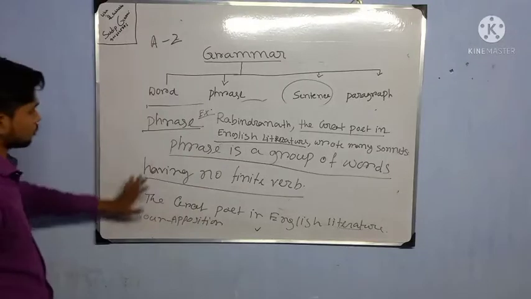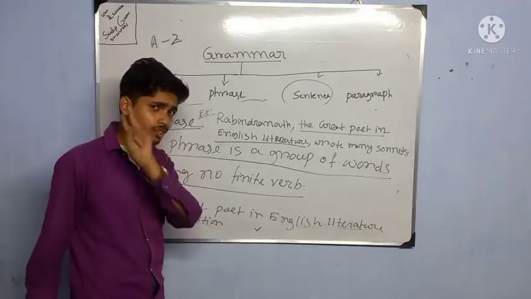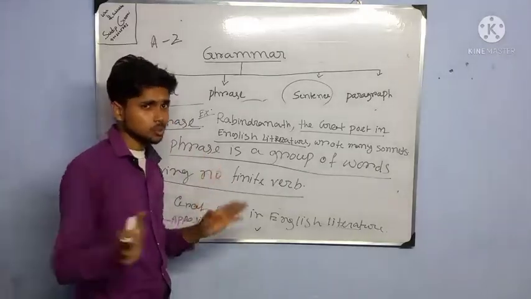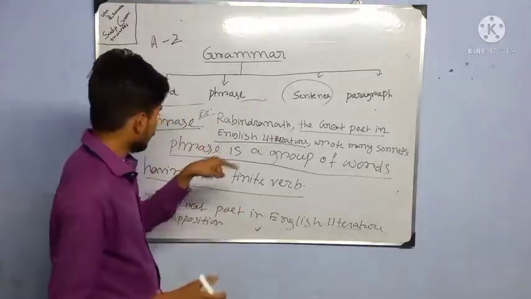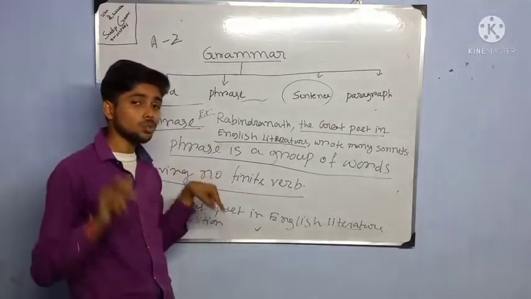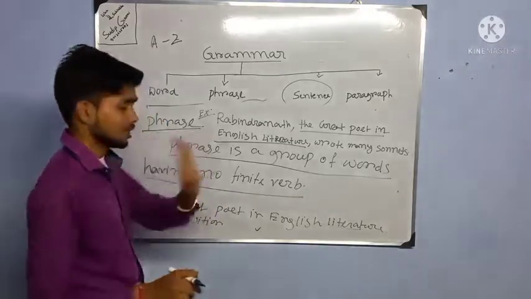So I think you got my point. What are the two basic conditions? Try to understand the meaning, context and idea. Don't try to memorize the notes like other teachers. In this YouTube channel, I mainly want to teach you the basic concepts. So what is phrase? There are two conditions.